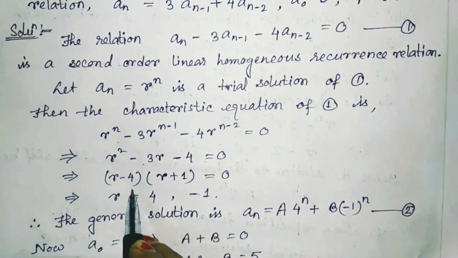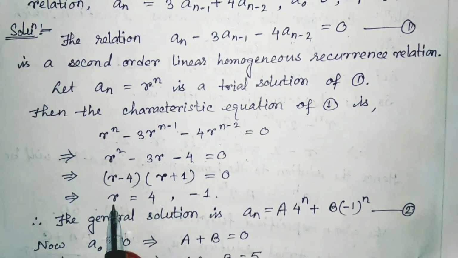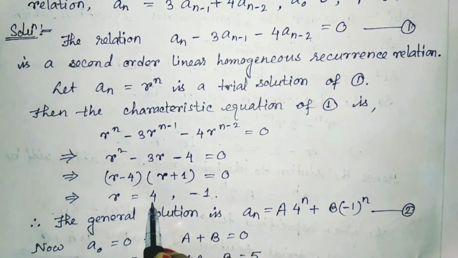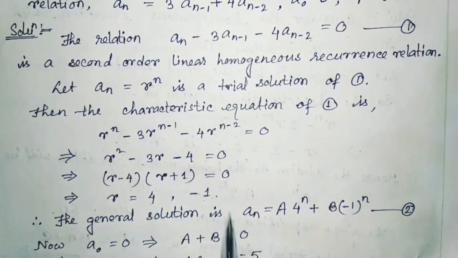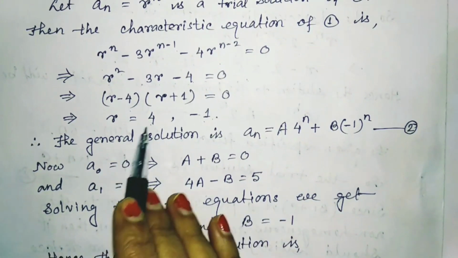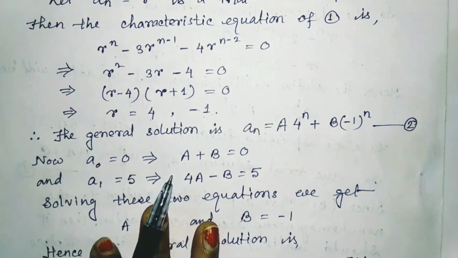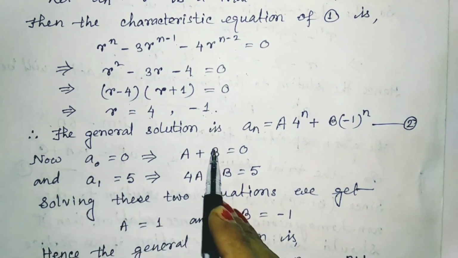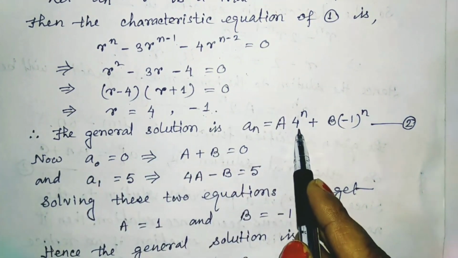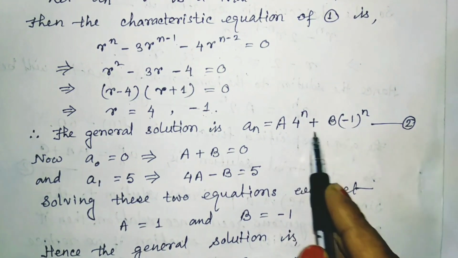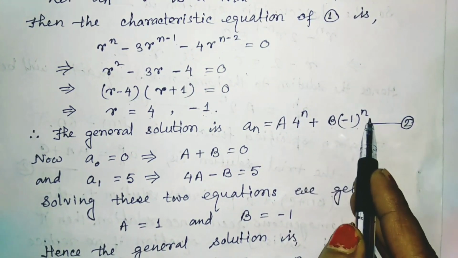If we solve this, we find r has 2 values: one is 4 and another is minus 1. These are 2 different real values, so rule 1 is applicable. So the general solution is an is equal to a into 4 to the power n plus b into minus 1 to the power n.